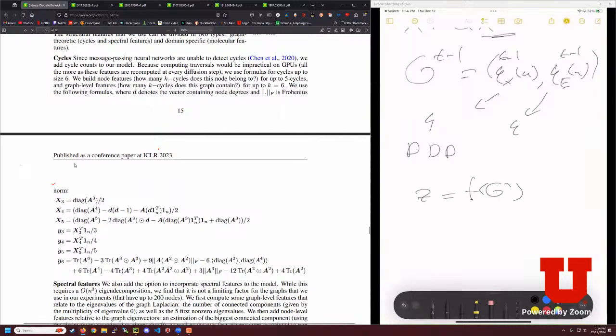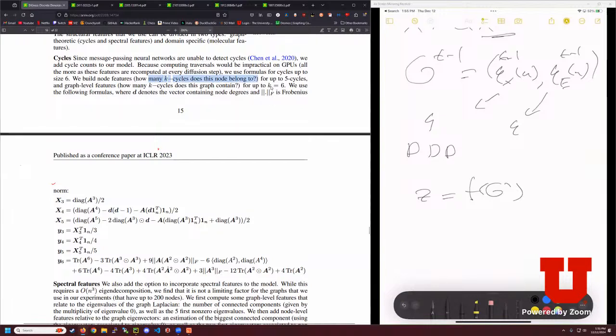Then x3 just means, if you extend your graph by connecting all three-hop paths, what's the degree of every node? And x4, I don't know what x4 means. I think this is supposed to be four hops, because they're concerned about how many k-cycles the node belongs to.